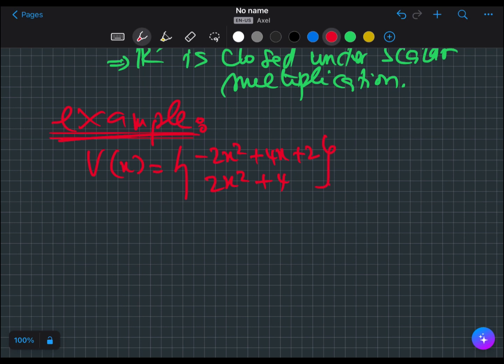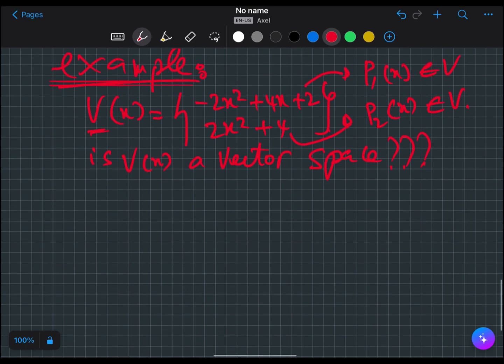These are the set of polynomials. If we call the first one P1, we see that P1 belongs to V, and we call the second one P2. P2 also belongs to V. So the question is: is V(x) a vector space? How will you answer that question?